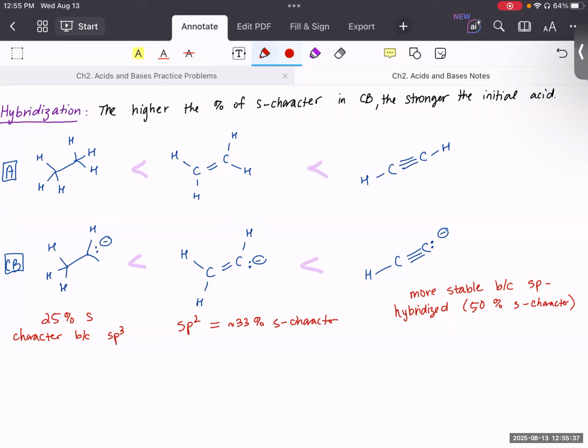And so you can see that as we increase the amount or percentage of S character, it becomes stronger. And again, this only matters if the hydrogen is directly bonded to that double bond or triple bond. If you have that single bond or double bond removed from where that acidic hydrogen would be, it would have a minimal impact on the stability of the conjugate base.